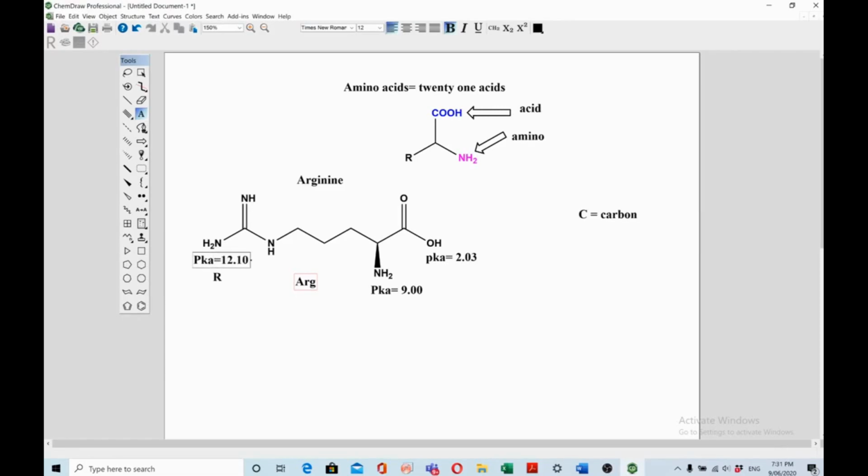For example, if we decide which is most acidic, this NH2 or this OH, we will look at the pKa numbers. The lowest number is the first one, with a value of 2.03, and this is the most acidic among all the others.